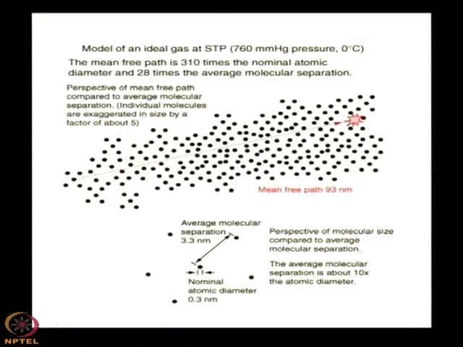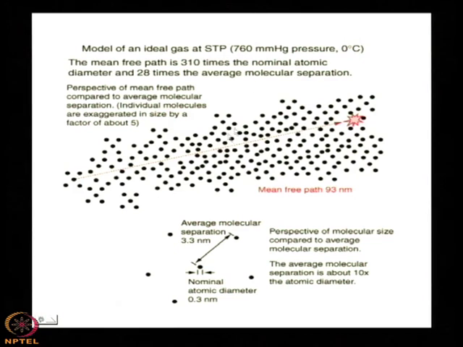So far as the atomic dimensions are concerned, it is very high, because if the atomic diameter is 0.3 nanometer and the mean free path is 93 nanometer, it is 310 times, not a matter of joke, 310 times. The red line shows that this atom will collide with this atom after 93 nanometer.